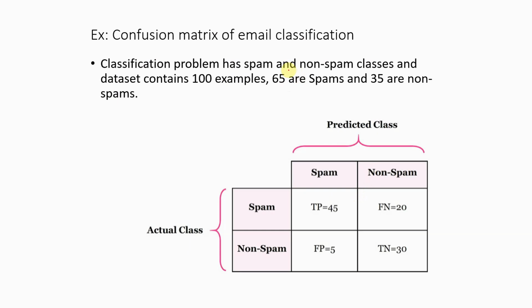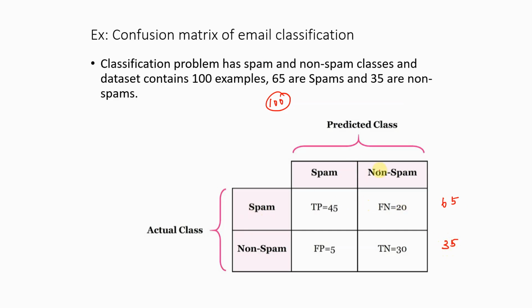Here is a problem where the machine has to classify emails as spam or not spam. In total we have 100 examples. The labels represent 65 spam mails and 35 non-spam mails.